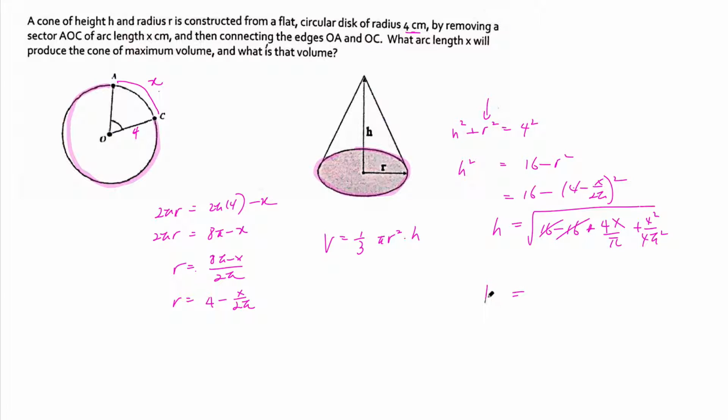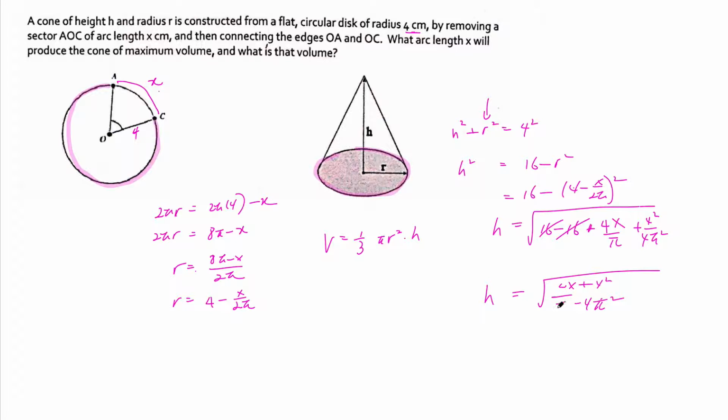It's nice, that cancels out. So 4x plus x squared over, I guess we can factor out, well, let's just leave it. Okay, we can definitely simplify that.